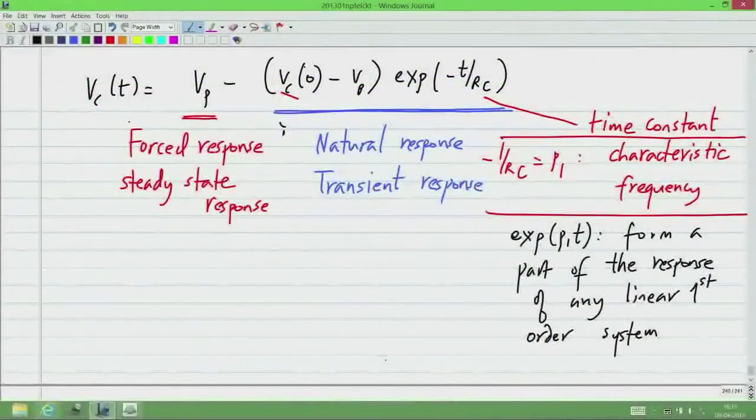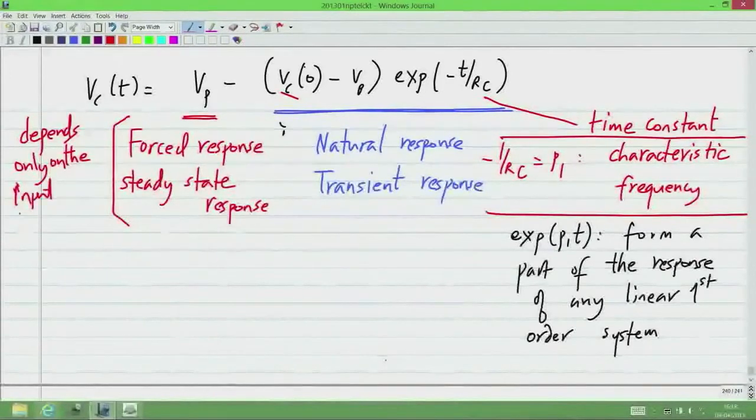Now, so let me also write this. So this forced response or steady state response depends only on the input, which is the forcing function.